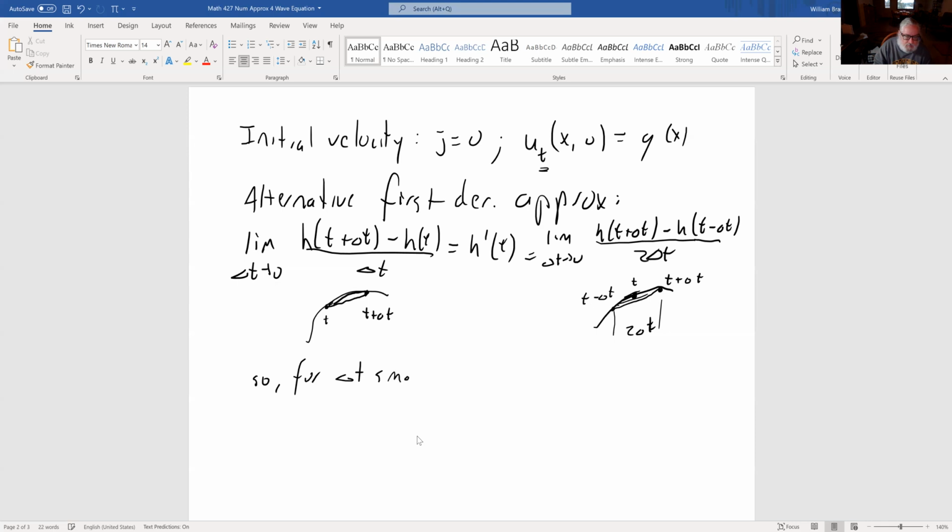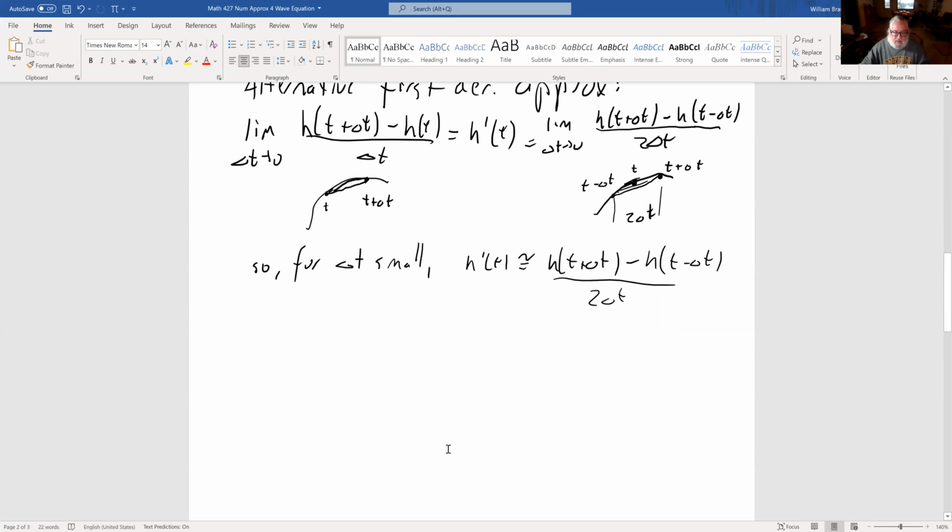So for delta t small, h prime of t equals roughly h of t plus delta t minus h of t minus delta t, all over 2 delta t. Now we want to apply this to u sub t.